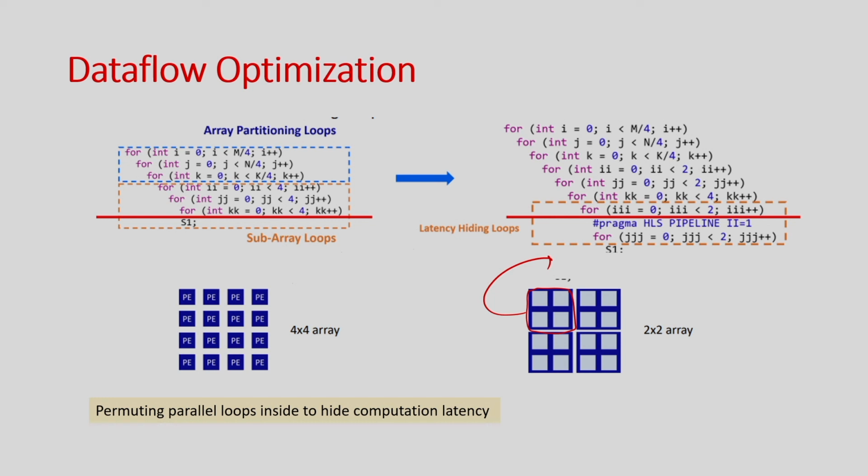Earlier it was i j k; now I split it further and put k as the outermost loop, then i and j. That means I am going to calculate one multiplication for the resultant matrix in parallel, right. That is the second optimization you can do, and then you can do more parallelization here.